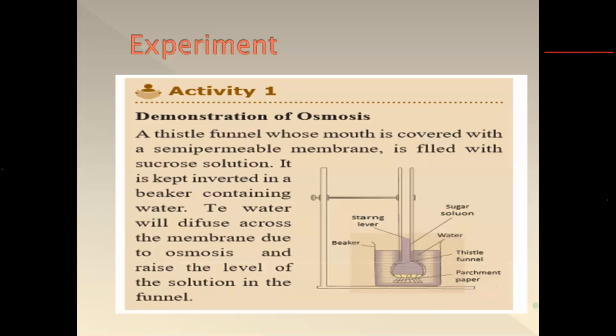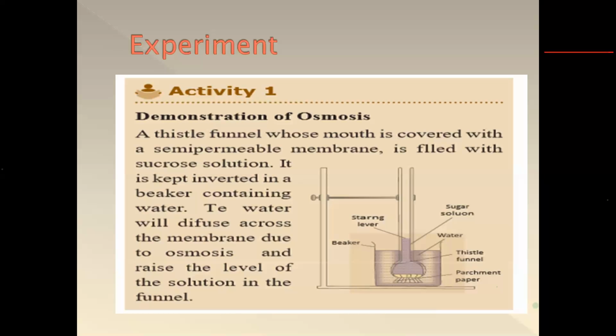The water will diffuse across the membrane due to the osmosis and raise the level of the solution in the funnel. So water என்ன ஆகுது? Water will go inside through the semi-permeable membrane. அந்த பேஸ்ல இருக்கு பாரு செமி பெர்மியபிள் மெம்பரேன், அங்க பார்ச்மெண்ட் பேப்பர் இருக்குல்ல. Parchment paper is a good semi-permeable membrane, it will act as a semi-permeable membrane.